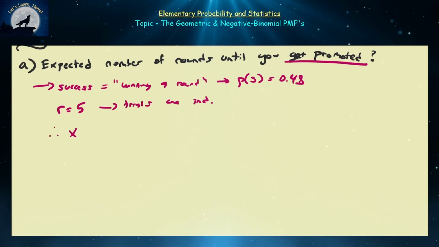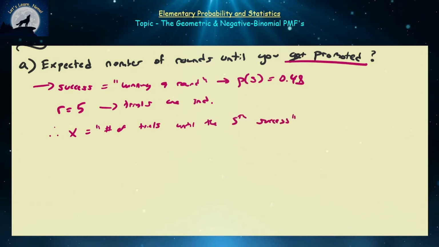Therefore, you should be able to see that X is going to be the number of trials or rounds or games until the 5th success, and keep in mind, until the 5th success means promoted. Therefore, this is going to be a negative binomial random variable.